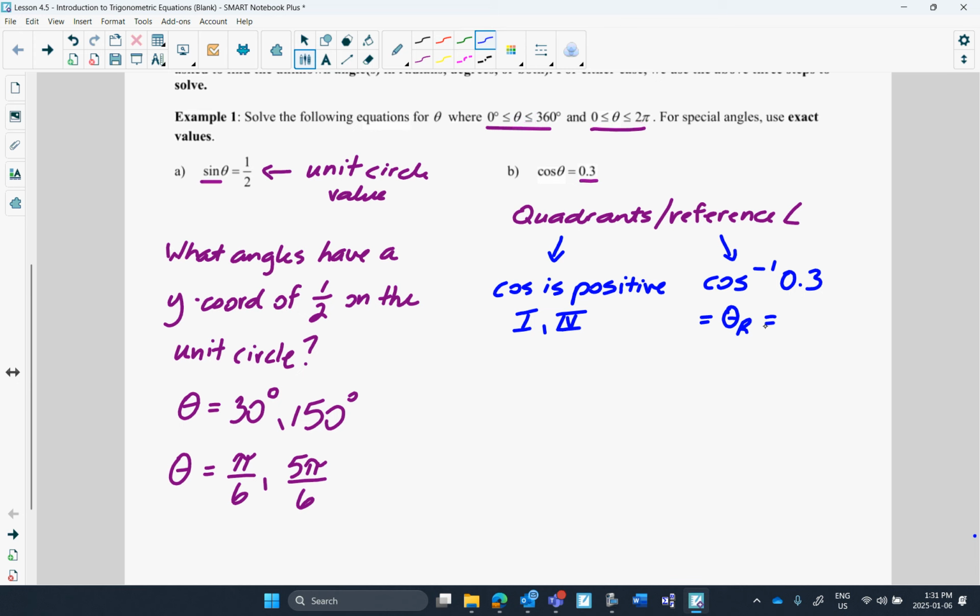And this is where you got to use your calculator. Let's start with degrees. First off, you got to make sure your calculator is in degree mode and not in radian mode. There should be on your display a D somewhere, or DEG. If it says that, you should be in degree mode. If it says R or RAD, you're in radian mode and you have to switch.